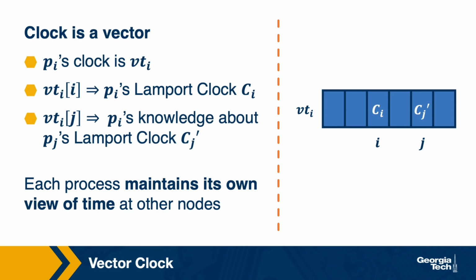The same vector clock at node pi, VT of i, in all of the other elements of its vector clock will have its own perception of the current time of the corresponding node. So VT i of j is pi's knowledge about pj's Lamport clock Cj.